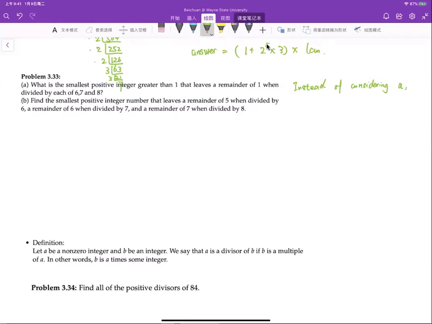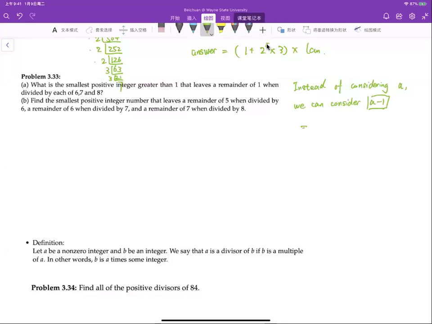A, we can consider A minus 1, right? Because if you divide A by all of the 3 numbers and have the remainder 1, that means if you subtract 1 from A, then that will be a multiple of the LCM.